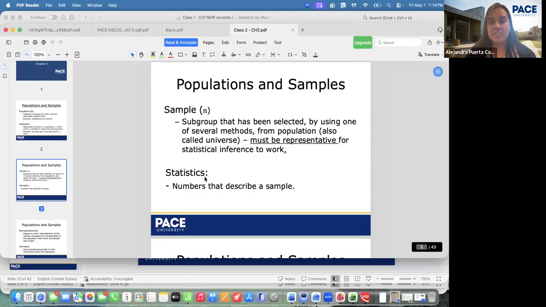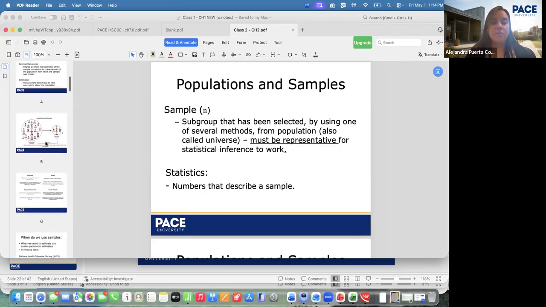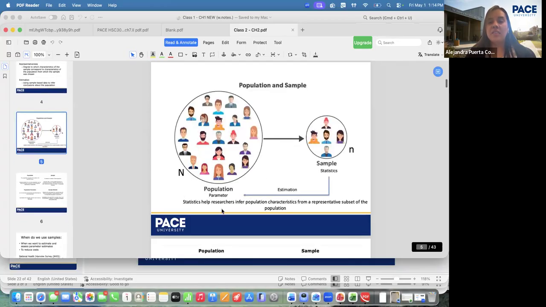From sample statistics. So in samples, we do calculate statistics, right? And then for samples, we say that it must be representative. And then that process in which we estimate is called, when we estimate from the sample to the population, what is it called?